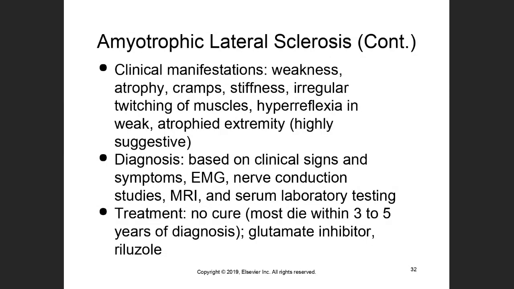EMG, that's a test for the nerve conduction study, MRI, and serum laboratory testing. Treatment, no cure. This is a medication that basically is to give a better life for those patients, but it's not gonna cure the patient, okay? It's the only medication available.